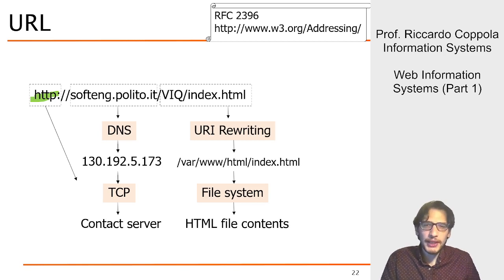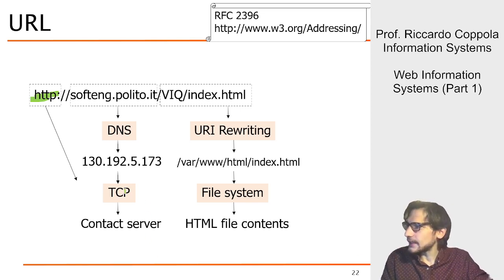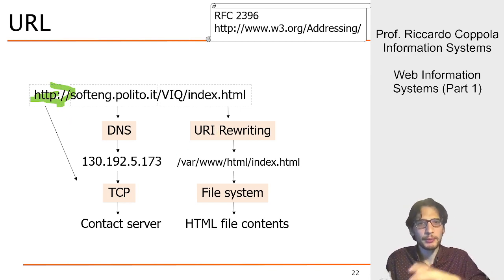This protocol can be HTTP or HTTPS that are the most widespread, but there are other ones like FTP or SCP, that you can use to access data on remote computers. In general, in a browser, you will always use HTTP or HTTPS. The colon and slashes are just to separate the protocol from the first part of the URL.